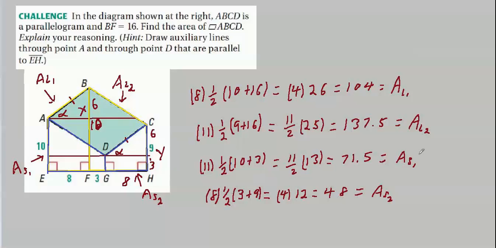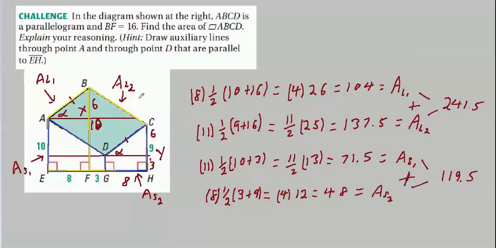Now, these two together, in other words, if we add them up, what do we get? Well, now that we've got these separately, basically we've computed 4 different areas. 2 large areas add up to this.